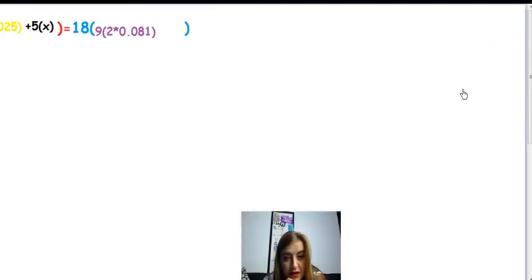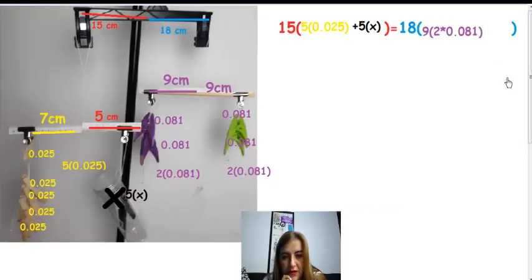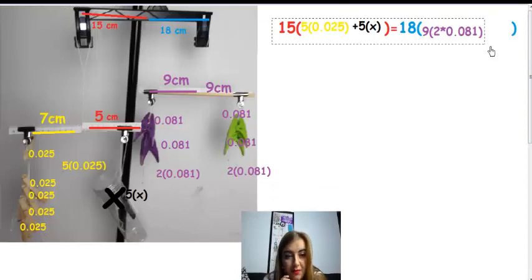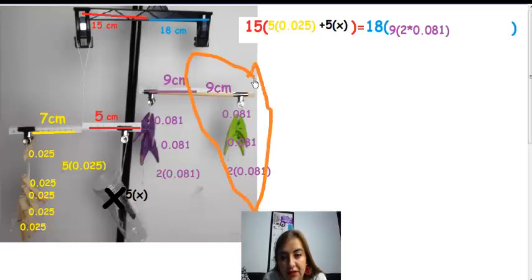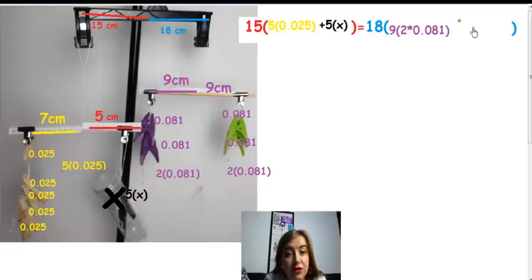Alright, now, let me see if I can fix this, because the parenthesis is not going to fit. Okay, now we need to add the other part. What is the other part? This part. Okay, we need to add all of these. That is the other side. So I'm going to put it in orange.